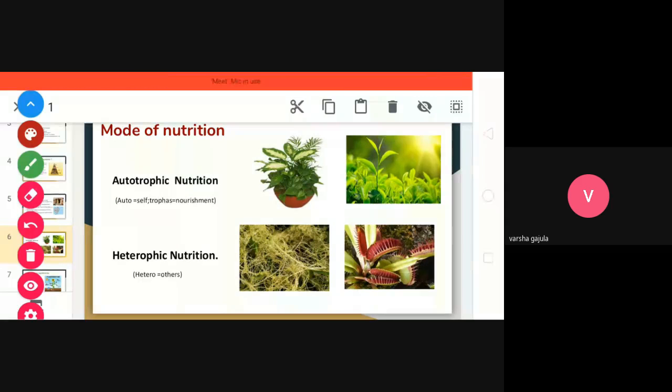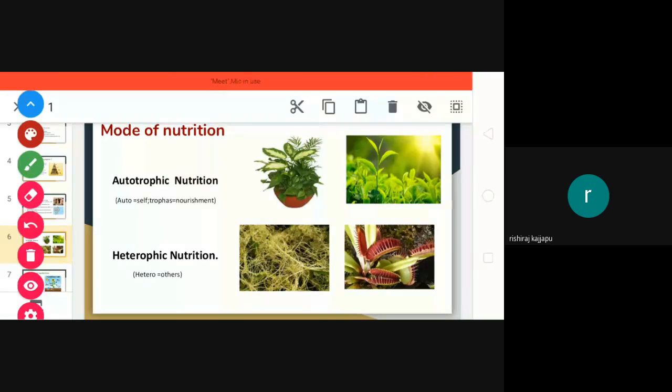Human beings depend on plants to get food, so we take heterotrophic nutrition, right? And some plants, we learned in fifth class, insectivorous plants, depend on others to get nutrients. So this type of mode of nutrition is called heterotrophic nutrition.